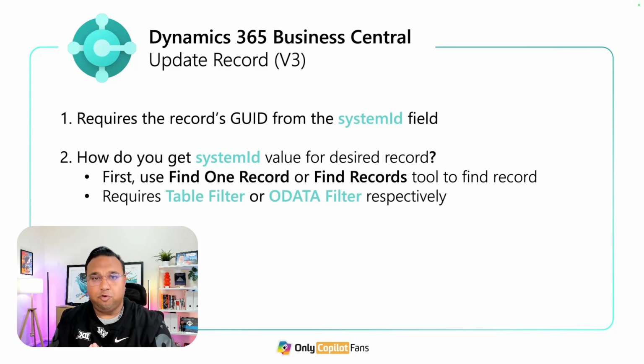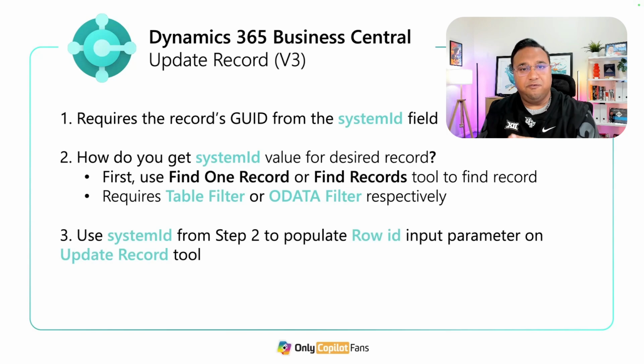So you could search for it by some portion of its name, and it would give you a short list of all the customers that match the criteria, and then you could say, I want to update customer number 2, or whichever one it is that you'd like to update. And then you will have the System ID for the record that you've retrieved, and that is going to be used in the following step with the Update Record tool. That's how simple it is.